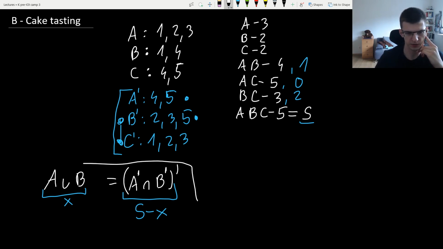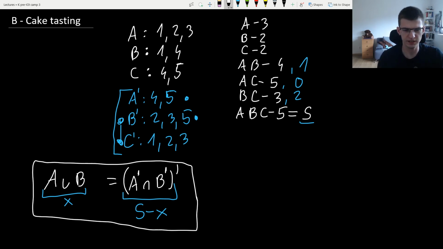So generally here we see from the formula that if something had size x, then the complement of the intersection of complements has size s minus that. This means we can transform the input easily with just one line: every number x in the input we change to s minus x.